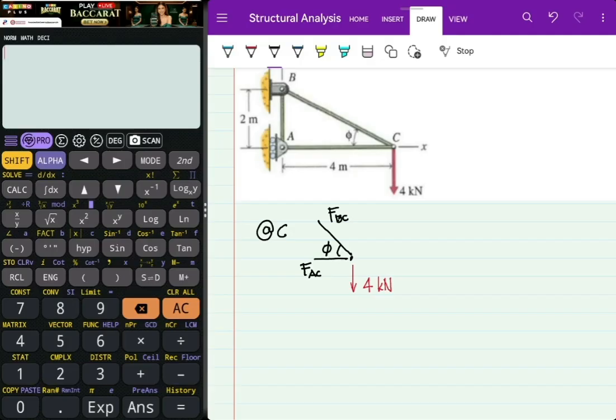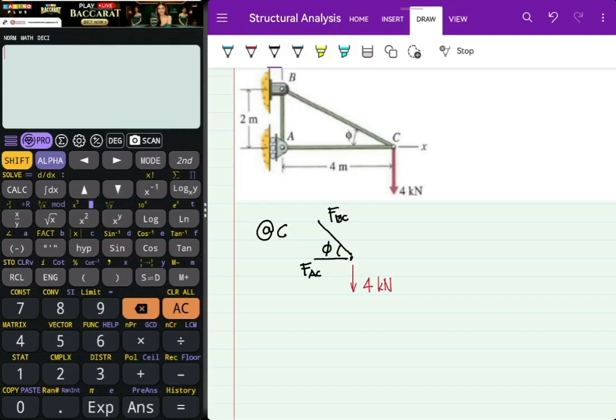Now, in the previous video lecture on the discussion on how to do method of joints, there are two ways to know the sense of our forces: one is by inspection and the other one is by assumption.